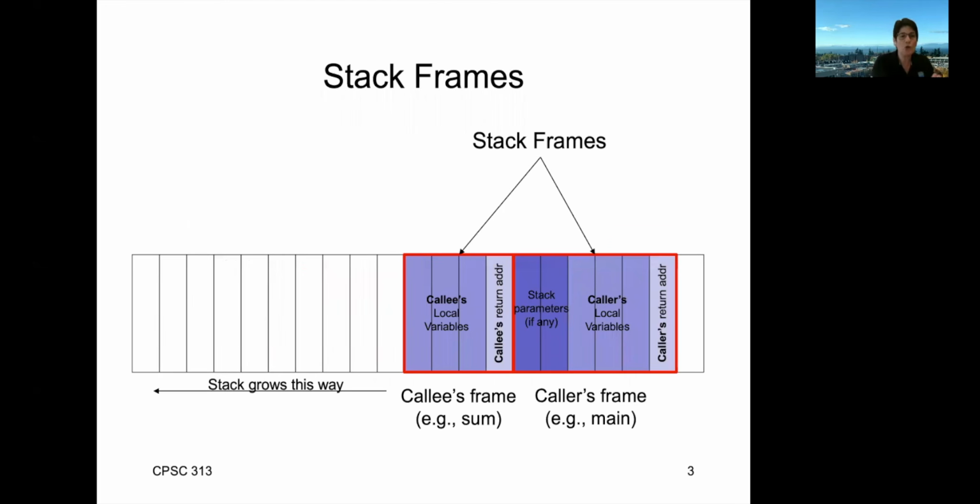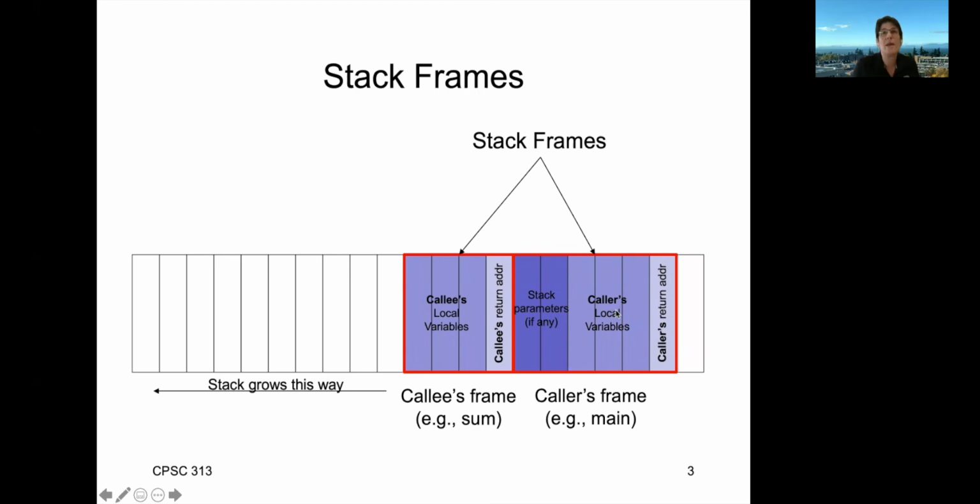What I'm showing here are two stack frames. Now remember, our stack grows from high ordered addresses to low ordered addresses, so from max address down to 0. And when I draw them, I'm going to draw them starting on the right and growing to the left. So here, the rightmost stack frame is in fact a caller.